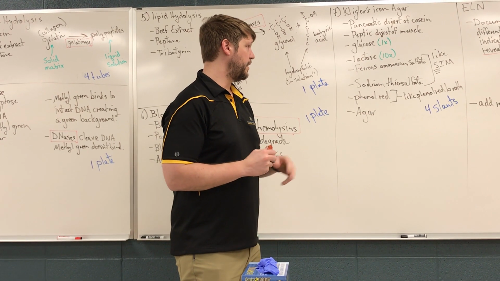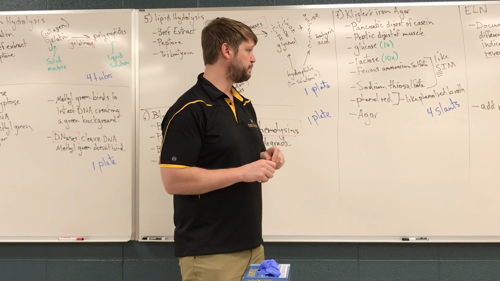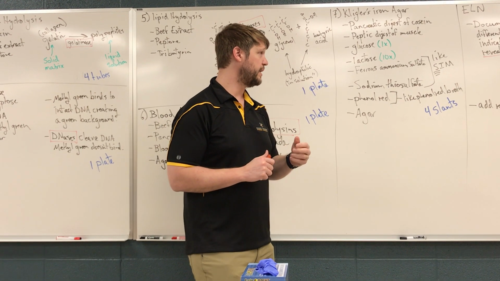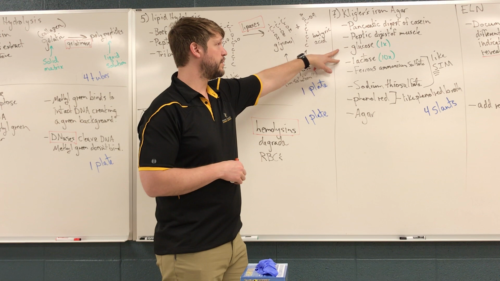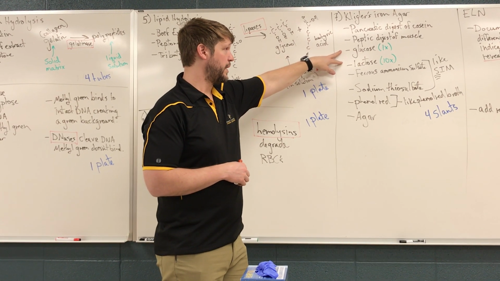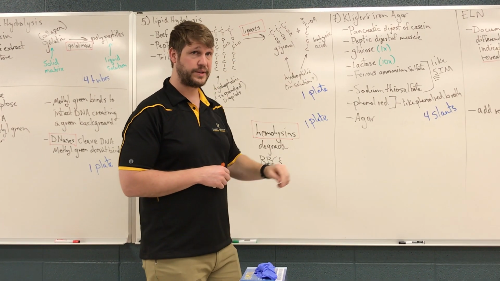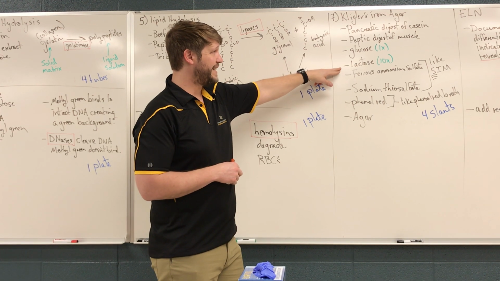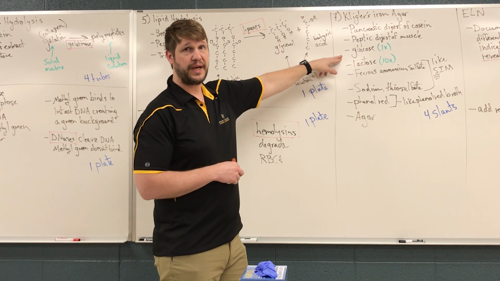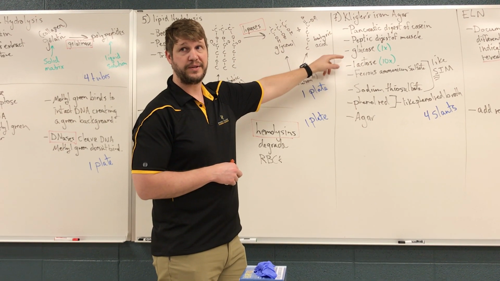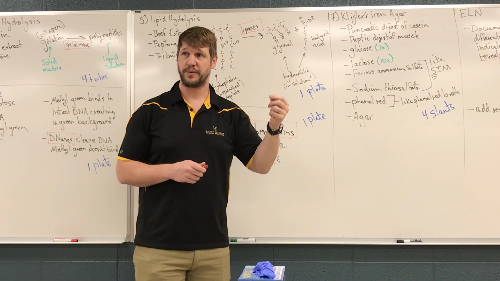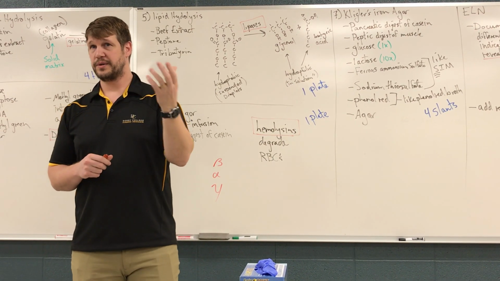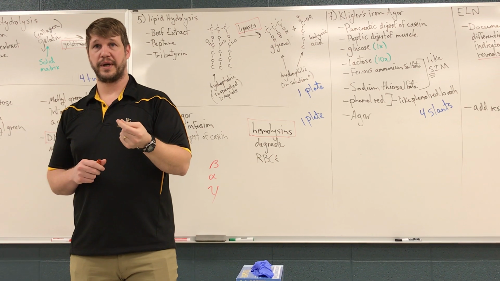And this is where it gets a little bit tricky. There's actually two sugars in here, glucose and lactose. But there's 10 times as much lactose as there is glucose. And so the way this works, glucose is generally very easy for microorganisms to use.